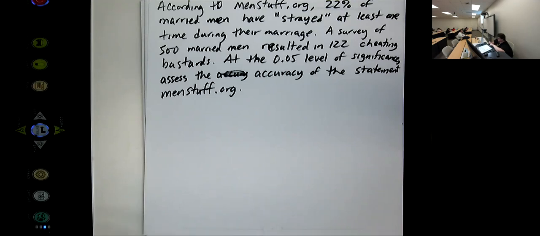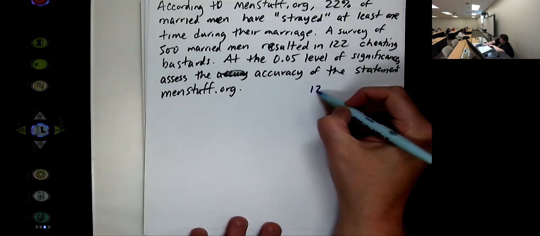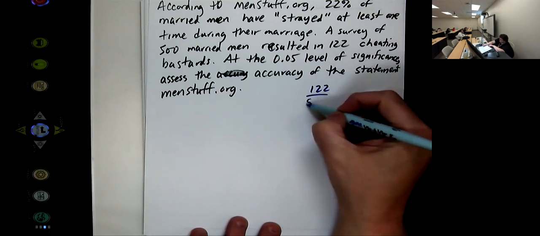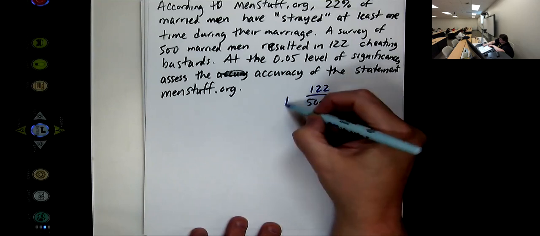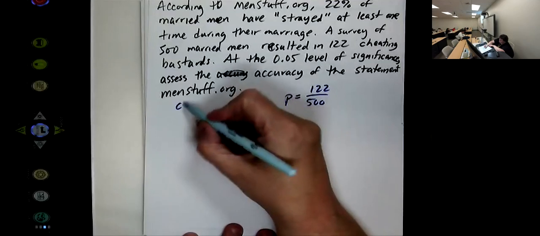So let's, if 122 cheated out of 500, that's the proportion of cheaters in this group. Cheaters in the sample.